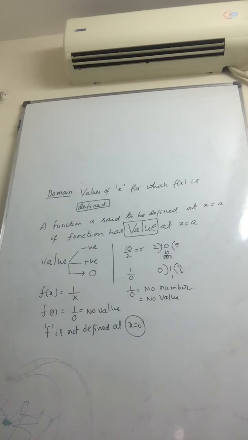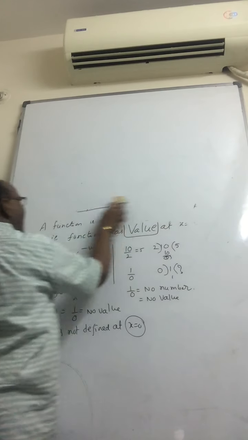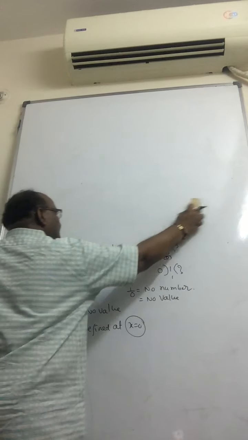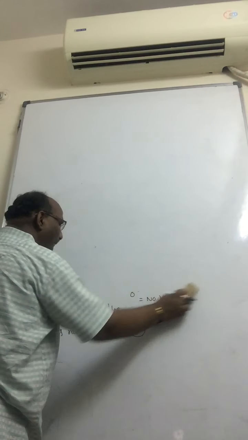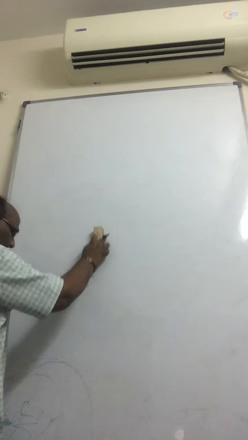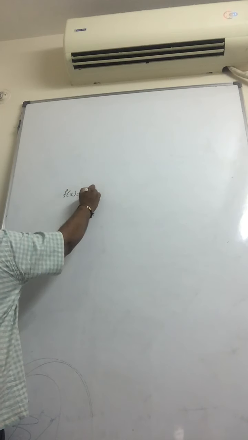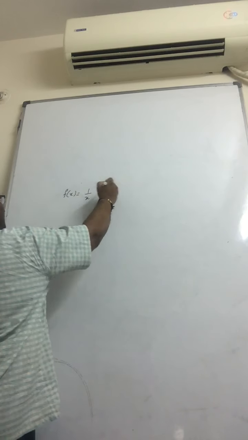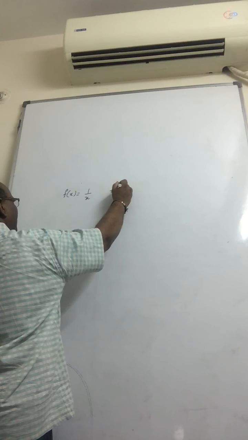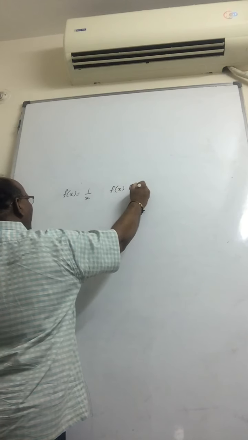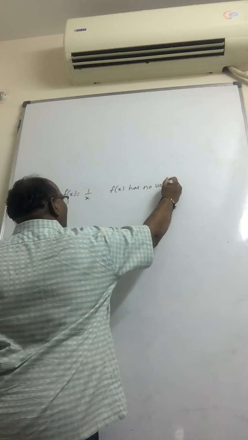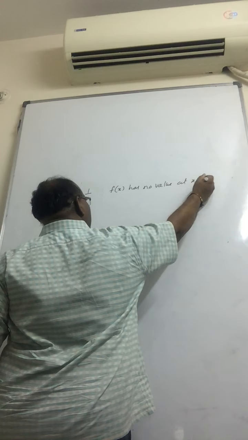Let us see some other examples where a function will not have value. If you consider f of x as 1 by x, this function has no value at x equal to 0.